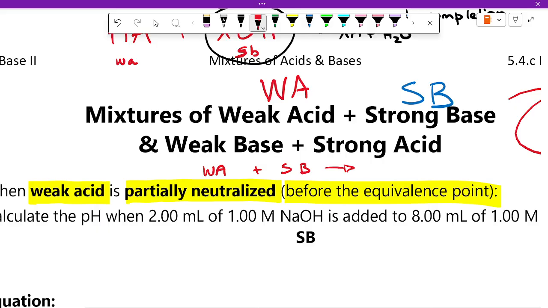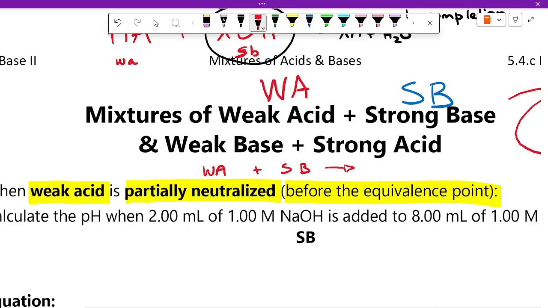Here's my weak acid, yes? I'm going to be all the base because there's only one of me, okay? Strong base, second strong base particle, partially reacted. So I only added 2 strong base particles, yeah?